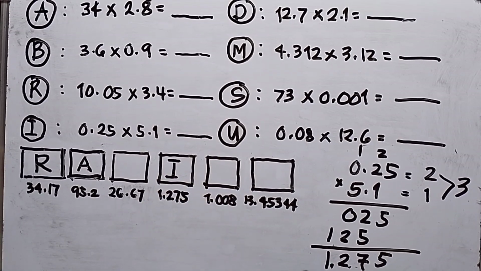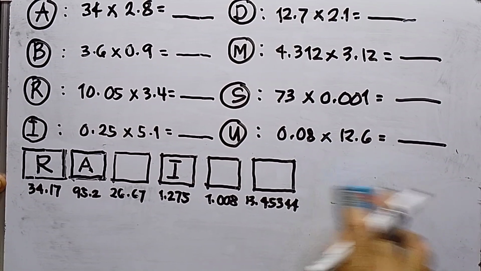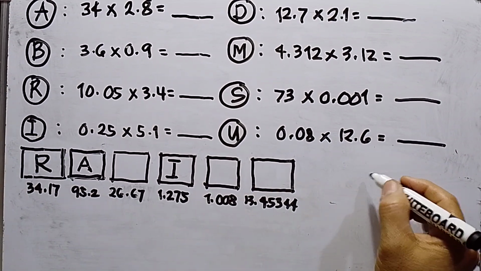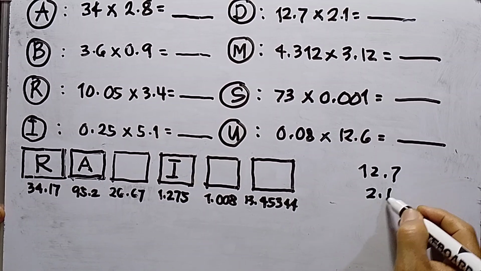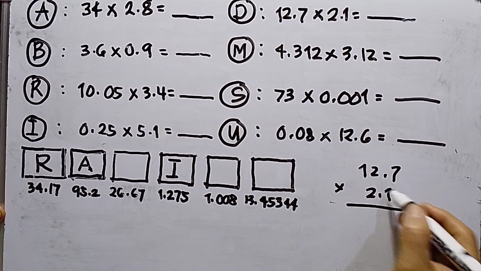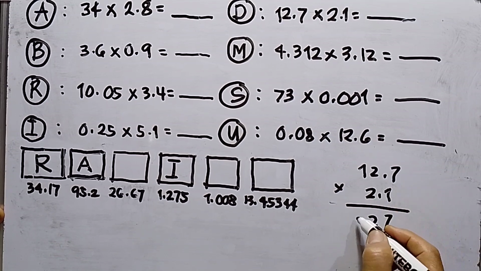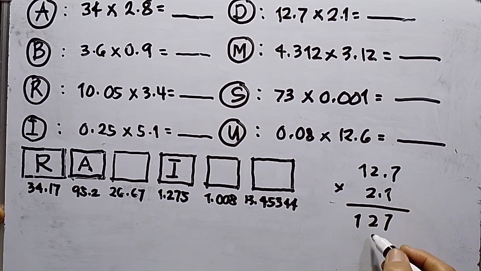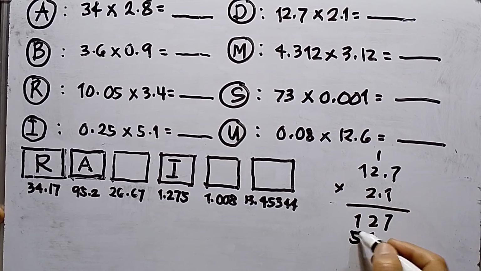Then next is letter D. Let's try if there is letter D in the boxes. So letter D factors are 12.7 times 2.1. So this is 7, 2, 1. Then this will be 14. Carry 1. 2 times 2 is 4 plus 1 is 5. 2 times 1 is 2.